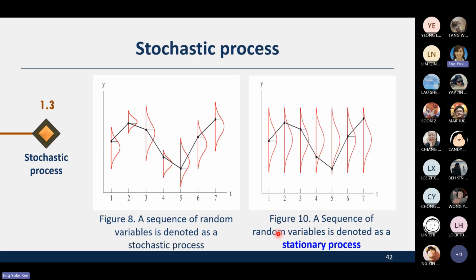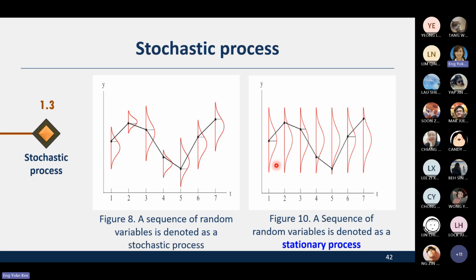Can you understand? This line is what I call a stochastic process, and we want this line to come from a random process which is stationary. Stationary means, referring to this curve, every period is more or less the same.